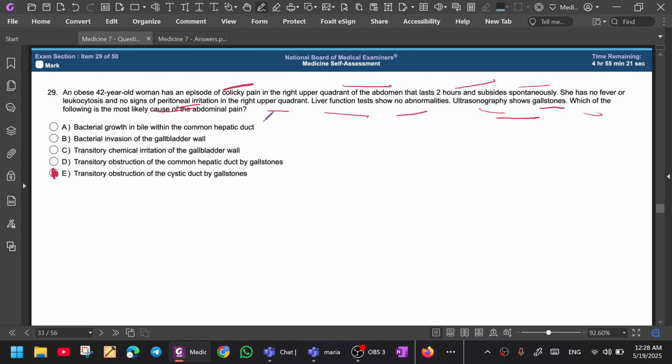Here it says bacteria growth in the common hepatic duct. But here is just, I guess, obstruction by a stone. Litho means stone. Obstruction by stone is cholelithiasis. And infection in the biliary tree, that is cholangitis. Okay. You got it.